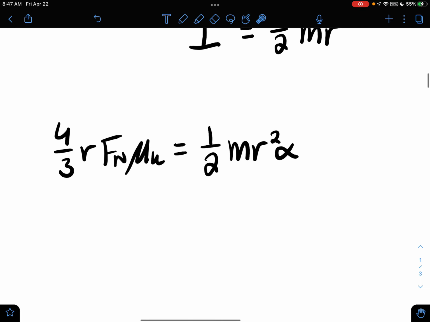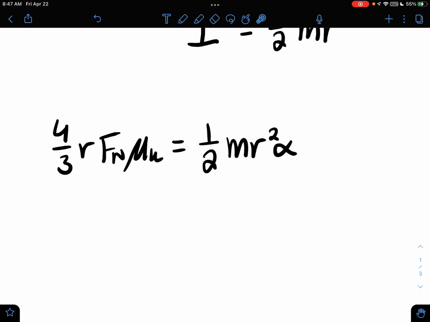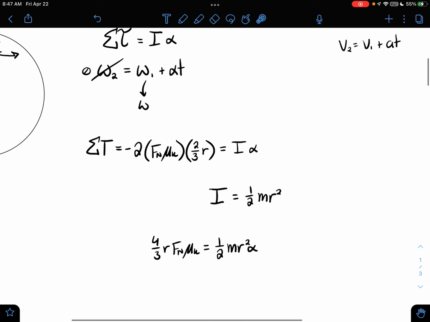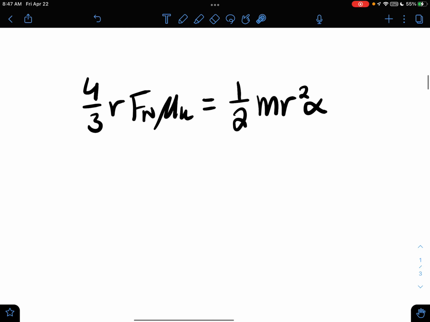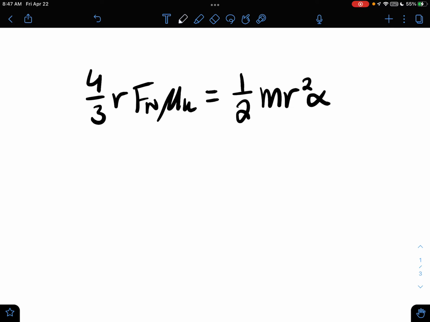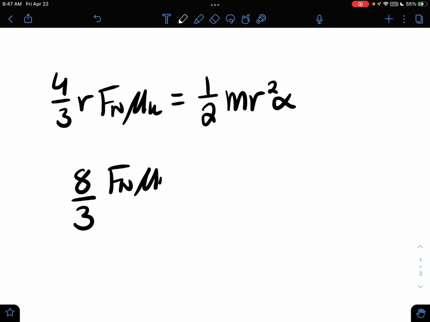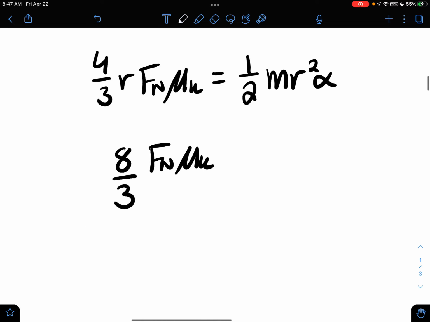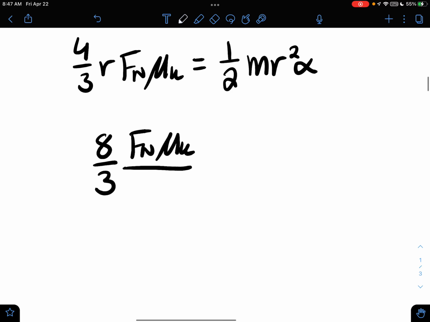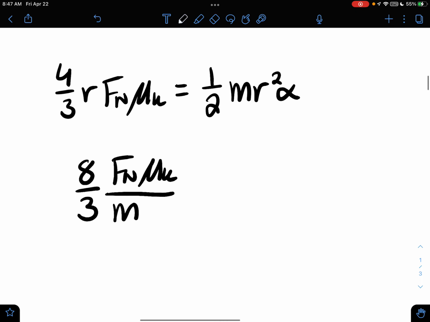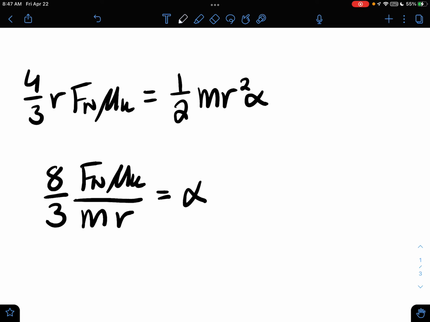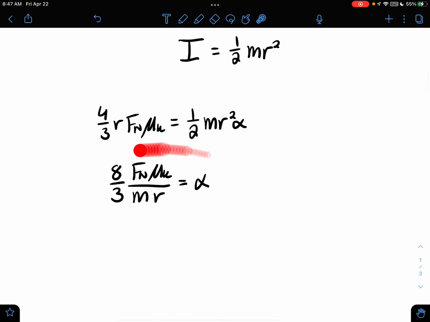All right, multiply both sides by 2, divide both sides by r squared, divide by m, because we're solving for this alpha so that our goal is to plug it in here to solve for t. So simplifying all this, we're going to get 8/3 Fn mu k over m, and the r squared and the r are going to cancel out to just leave us with an r there, equals alpha. Wonderful, great. We got our alpha in terms of things that we know.